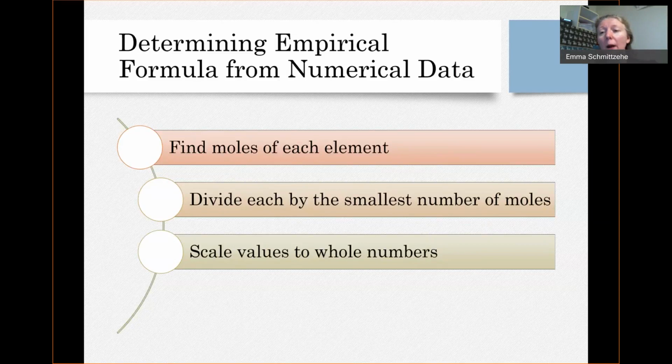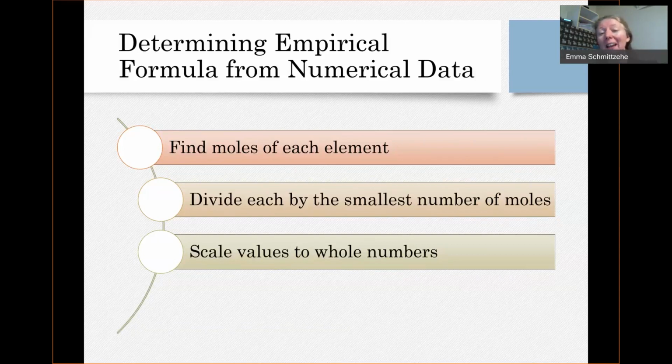So for instance, you might come out with one of them becoming a 1 and the other one becoming a 2.5, okay? And if so, well, 0.5, if you double that, it becomes a whole number, right? But you can't just randomly double something or triple something. You have to do that to all of the values. So you would scale all of them the same. Okay, so if you have something that has a 0.5, you would double everything.